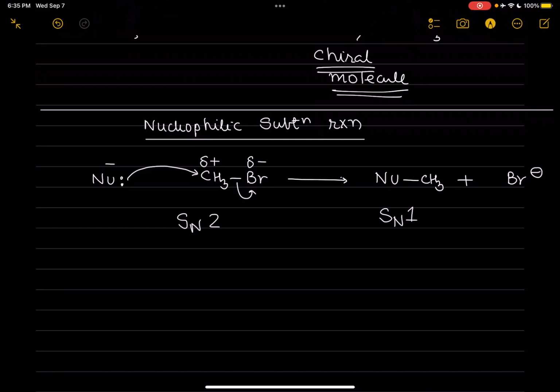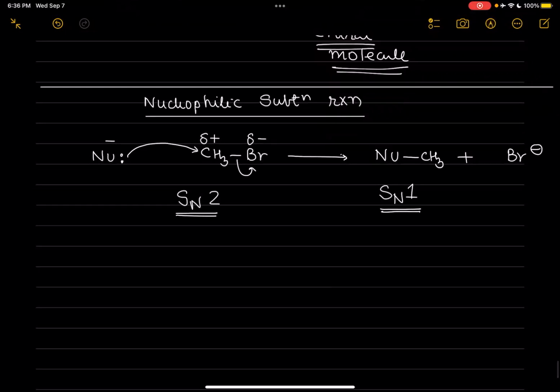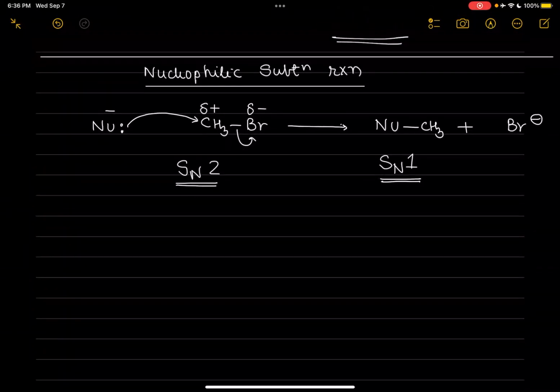And what's the basic difference? The difference is with respect to sequence of the arrival of nucleophile and departure of leaving group, right?